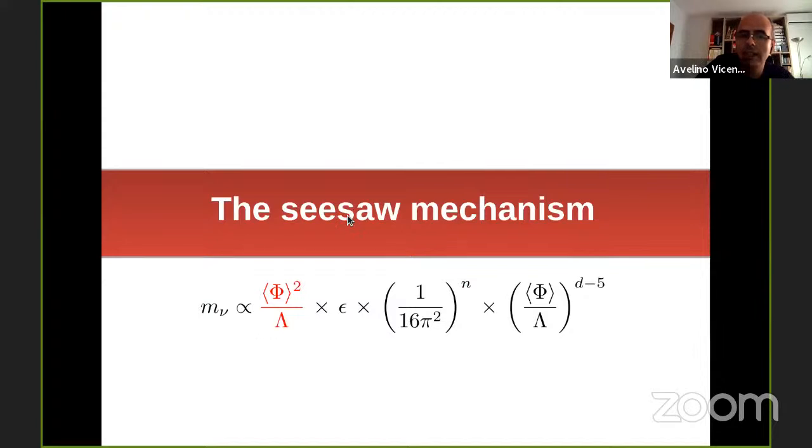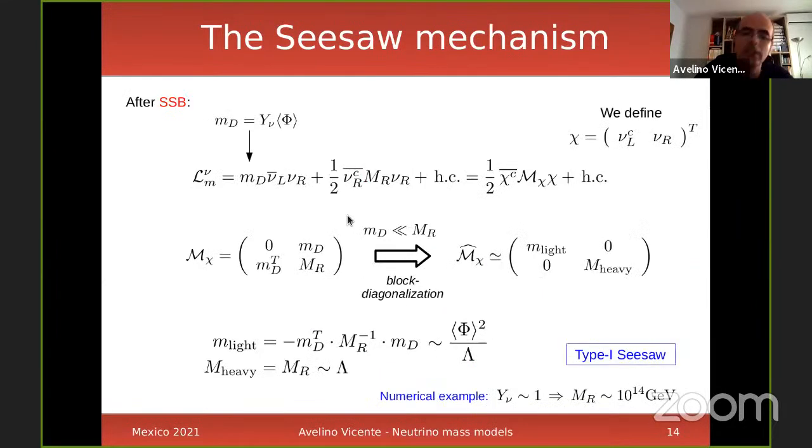Okay, the typical factor that you have always in Majorana neutrino mass models. This formula is very famous. This is the famous seesaw formula, M_D transpose M_R inverse M_D. And the nice thing is that if you want to have Yukawas of order 1, you can do that by having a very large M_R scale, like, for example, 10 to the 14 giga-electron volts.